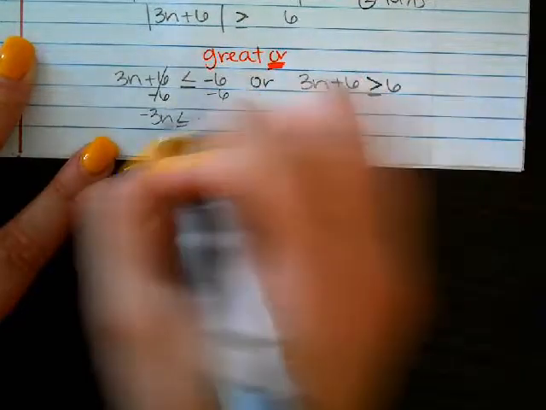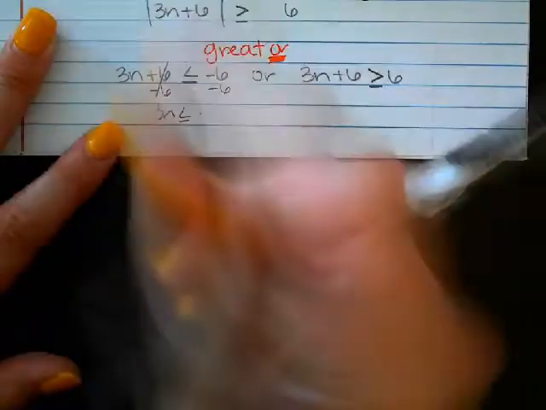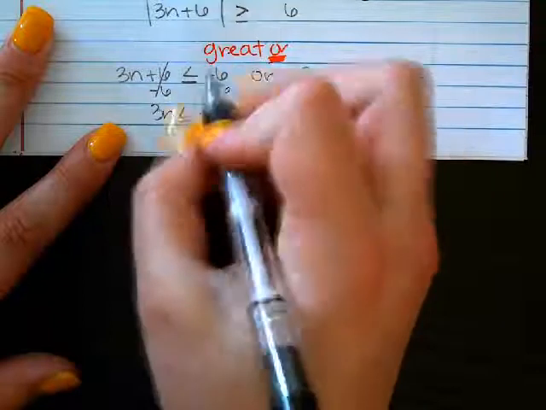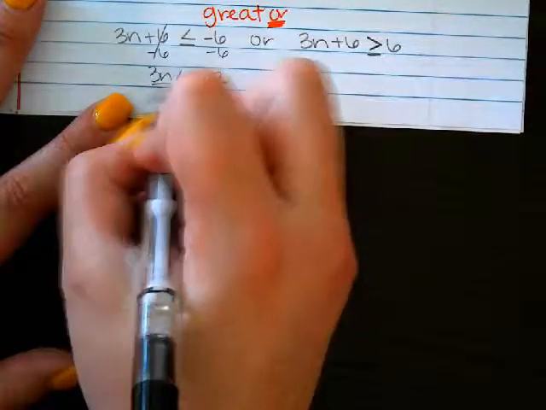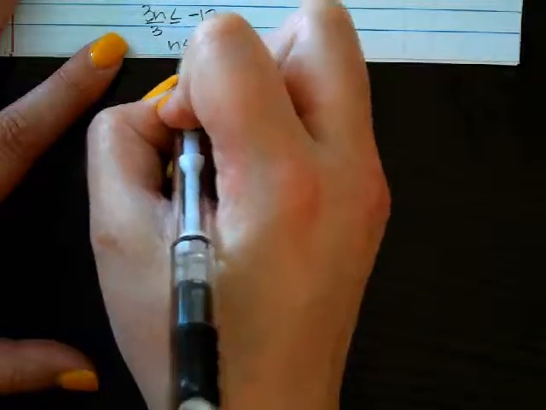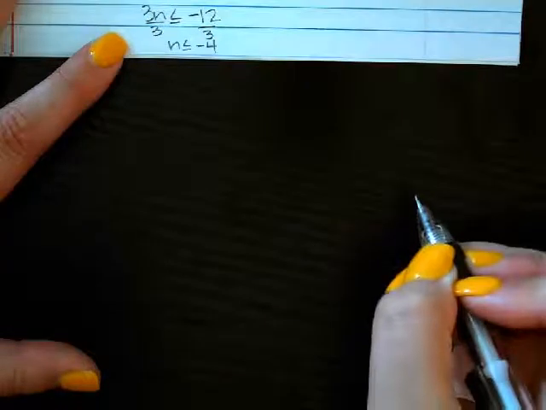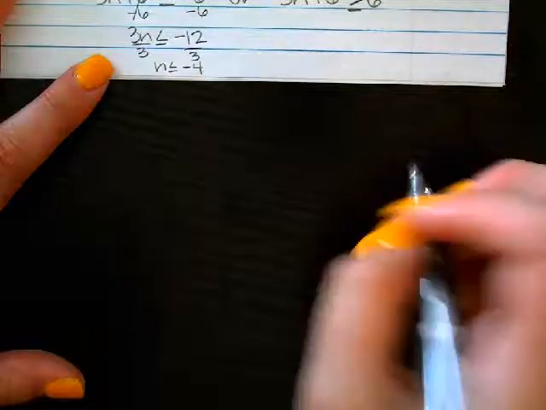There we go. -6 minus 6 is -12. -12 divided by 3 is -4. So n is less than or equal to -4. Okay, so there's one part of our answer. We didn't divide by a negative, we subtracted a number, which isn't dividing.